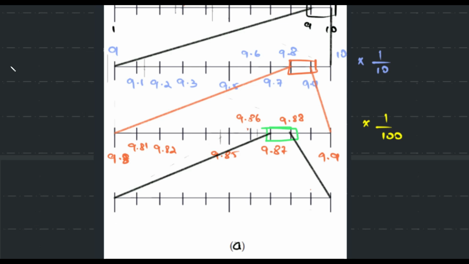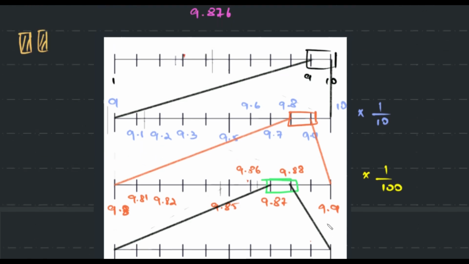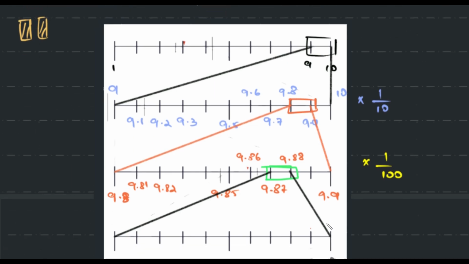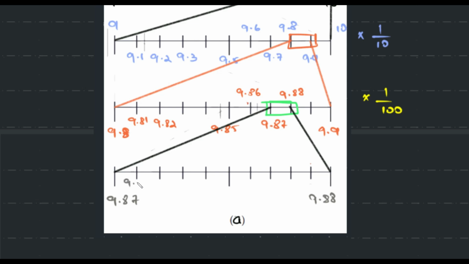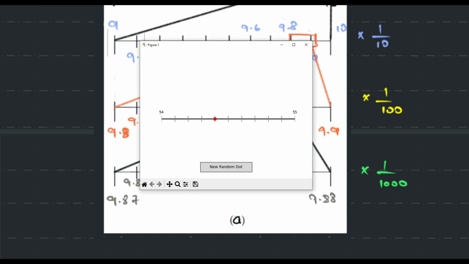So we are looking at, let me use some other color, 9.87 to 9.88. Okay, so what do we have? We have 9.876. So this is 9.871. Remember, this is to do with 1000th position, right? So basically, where is it?